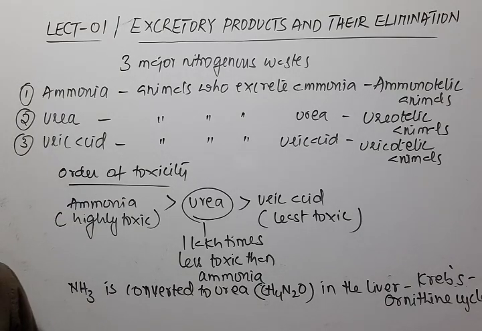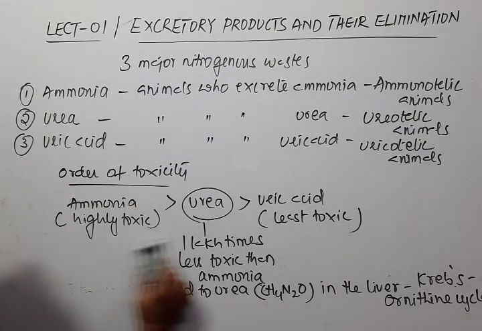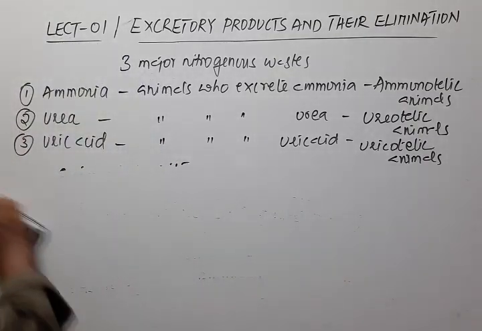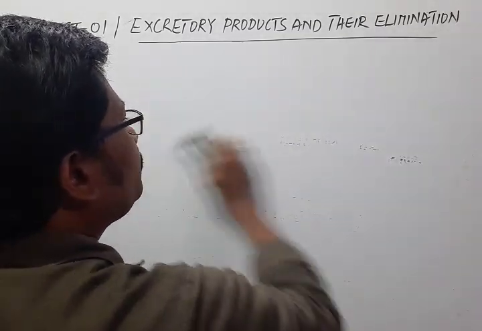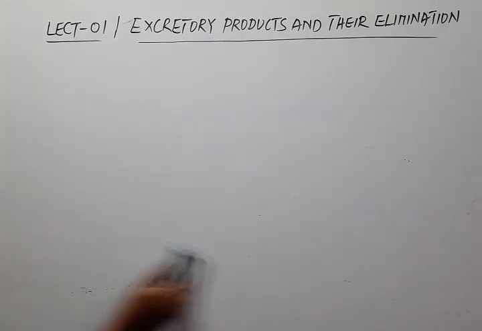You can also simply call it a urea cycle, or even the Krebs Henseleit cycle. I'll briefly discuss how this Krebs ornithine cycle takes place in the liver cells.